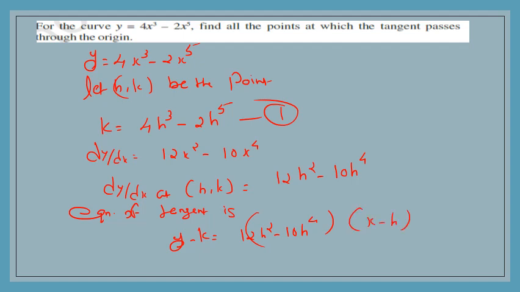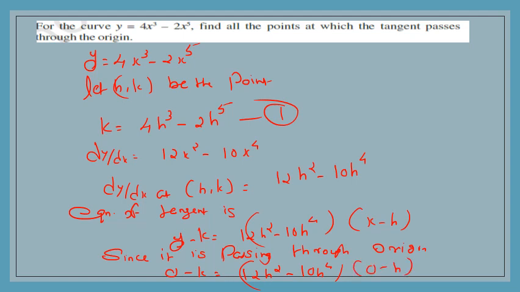Now what is happening? Since it is passing through origin, what you can say, 0 minus k is equal to 12h squared minus 10h raised to 4 into 0 minus h.